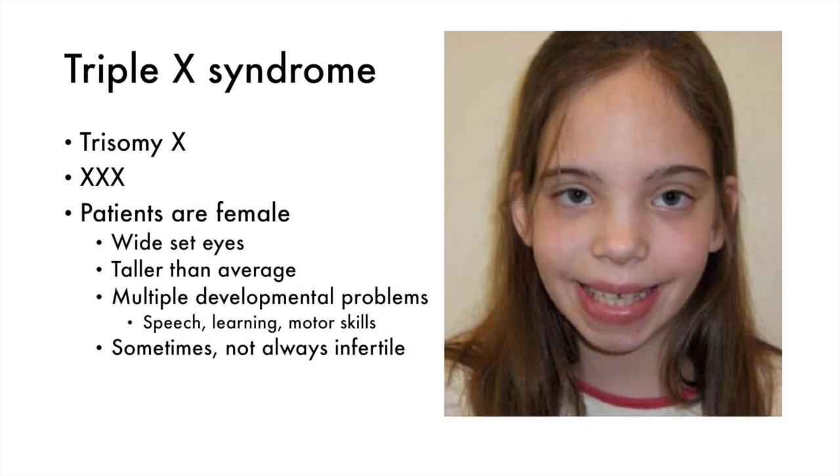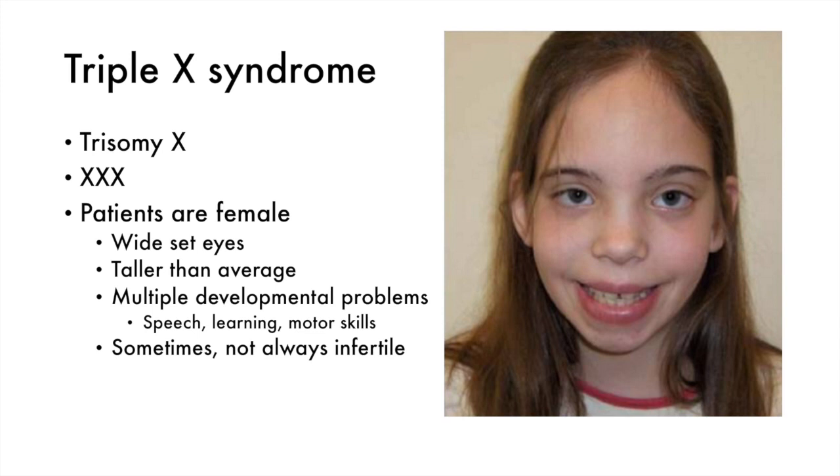A trisomy in the sex chromosomes, and the X chromosome, is called XXX syndrome. Patients, again, are female. You can't really tell a whole lot about XXX patients from looking at them. They do tend to have wide-set eyes, although that can be attributed to a number of other things.